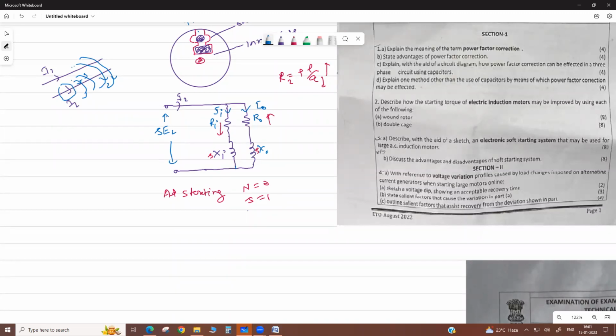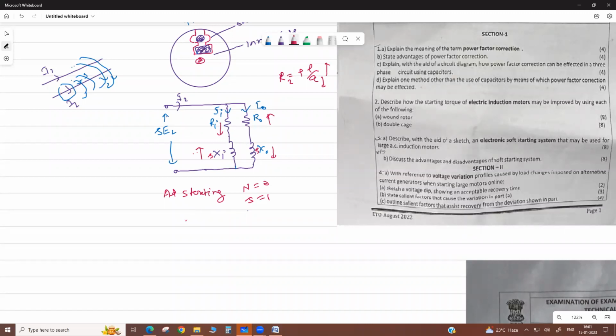The flux produced by this only circles here. This circle, but only this much. Now maximum flux is linked with the inner or outer cage? Inner. Inner, yes, great. So at starting, when slip is 1, the inner cage reactance is high. This is low.